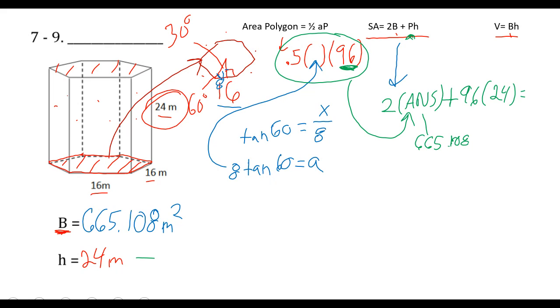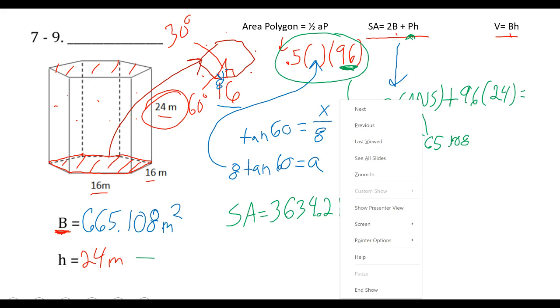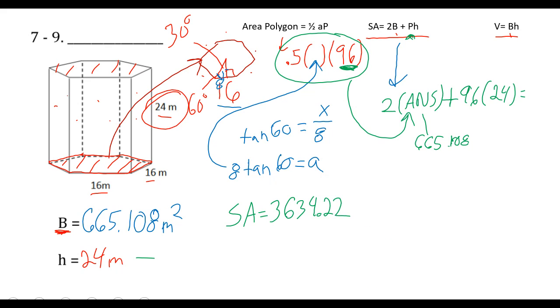If you don't put enough parentheses, it could bite you. Great. I have all this put into the calculator, and I get the surface area equals 3,634.21, whatever.